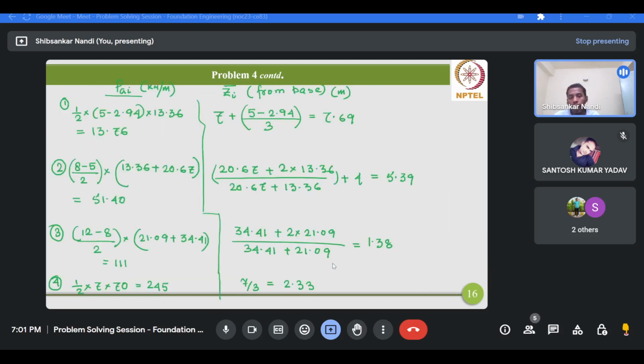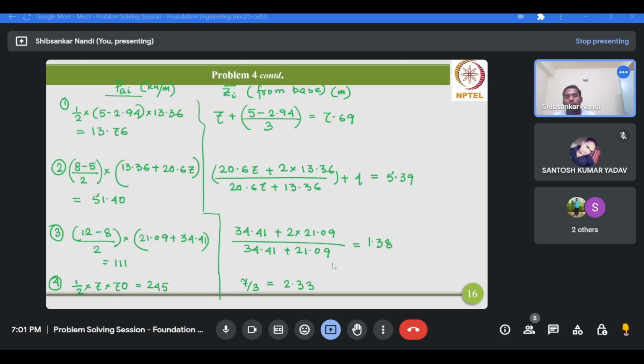There might be some mistake in the calculation part, so I request all of you to please cross check these values once again. Maybe there is some mistake during the substitution or inputting of the values, or in the calculation part.